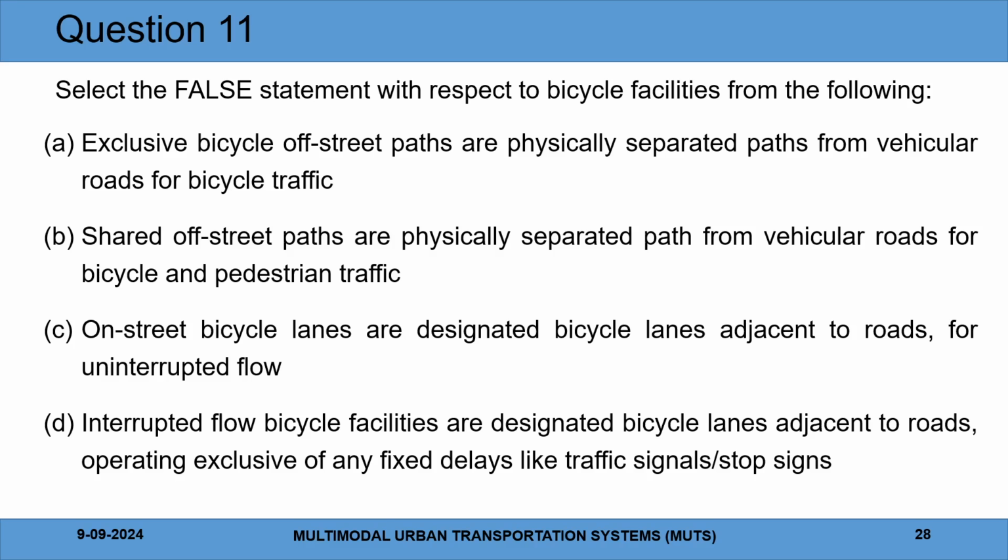Third is on-street bicycle lanes are designated bicycle lanes adjacent to roads for uninterrupted flow. And fourth one is interrupted flow bicycle facilities are designated bicycle lanes adjacent to roads operating exclusive of any fixed delays like traffic signal or stop sign. So these are the four options, and you have to find out the false statement.